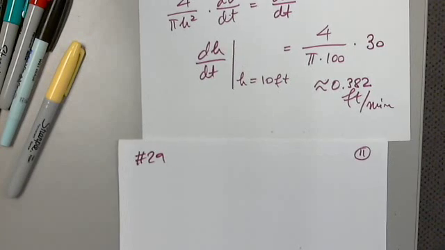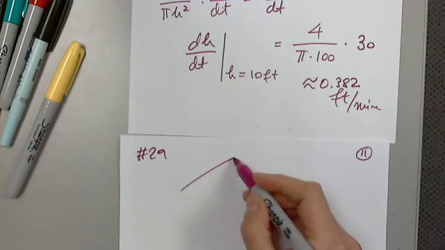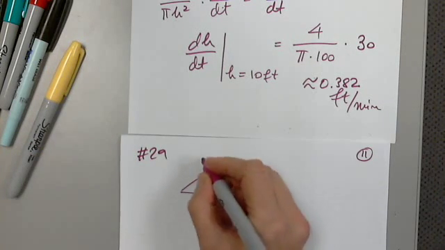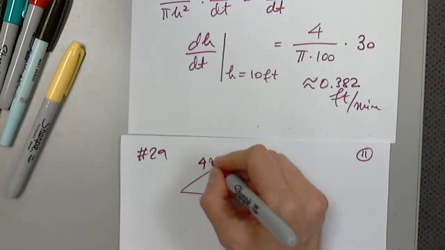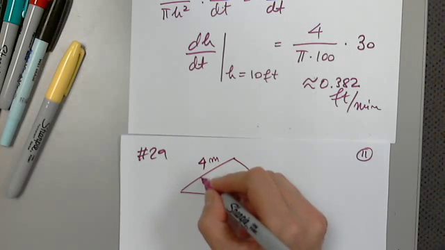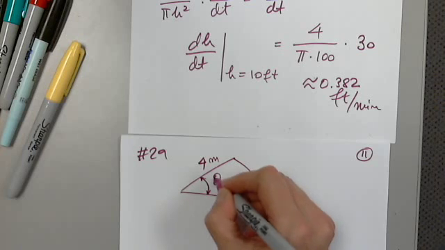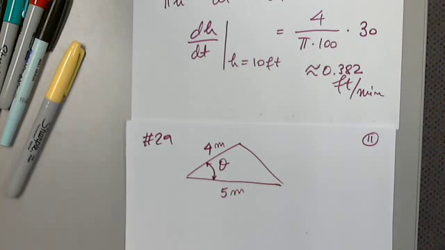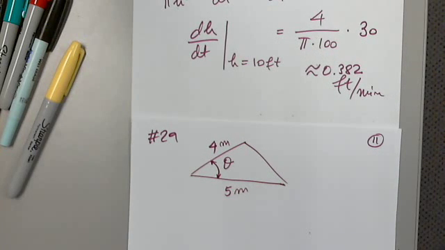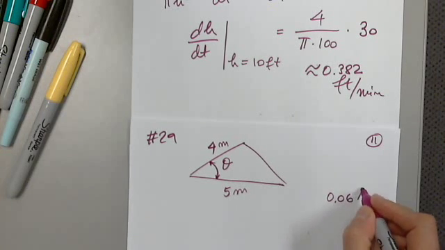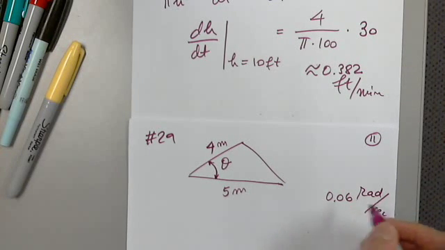I'll show a triangle in which this is 4 and this is 5 meters, and I'm going to call this angle theta. What does this mean?